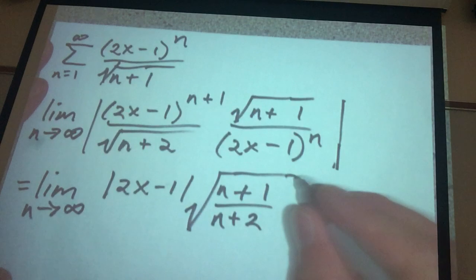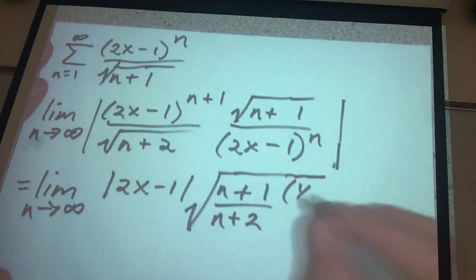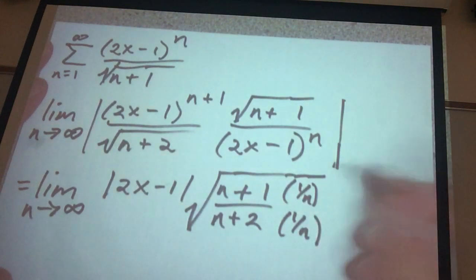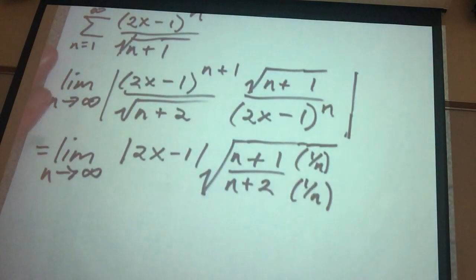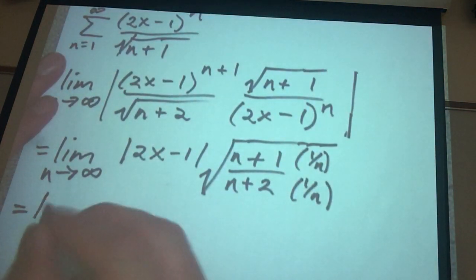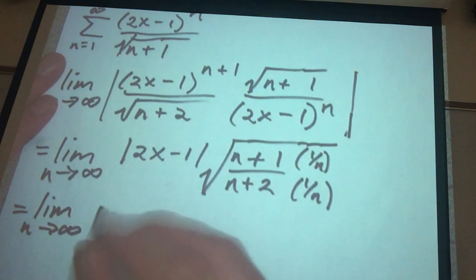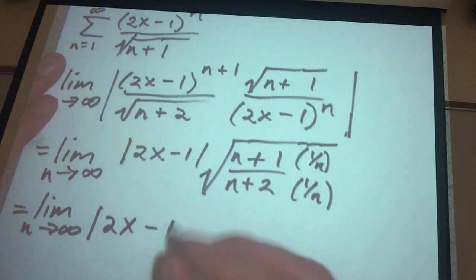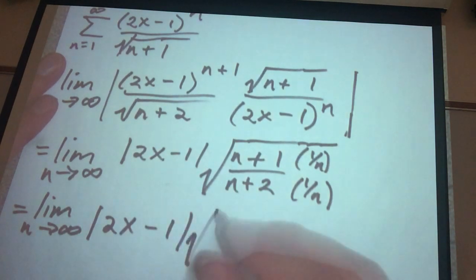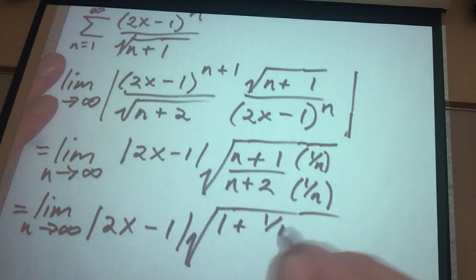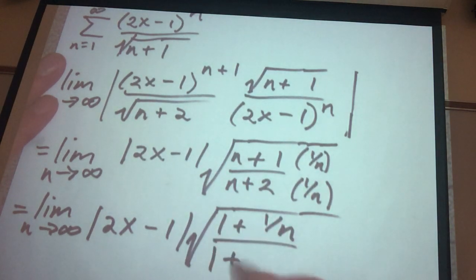Then let's divide by the highest power inside of the square root. That equals the limit as n tends towards infinity of the absolute value of 2x minus 1 times the square root of 1 plus 1 divided by n, divided by 1 plus 2 divided by n.